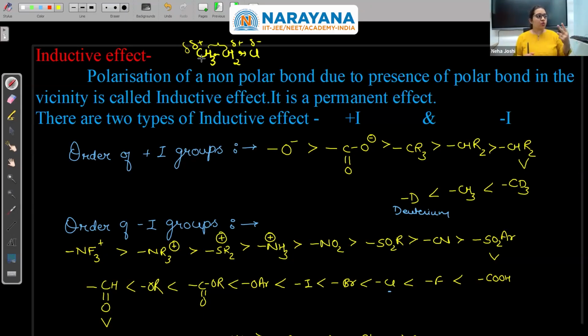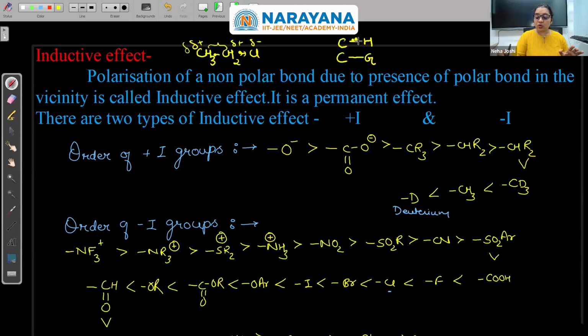Now we have divided into two categories. One is the plus I group, one is the minus I group. But how these plus I and minus I were devised? So they took reference of carbon hydrogen bond. In a carbon hydrogen bond, assume this is the lone pair position. Then they took whatever group they want to study.